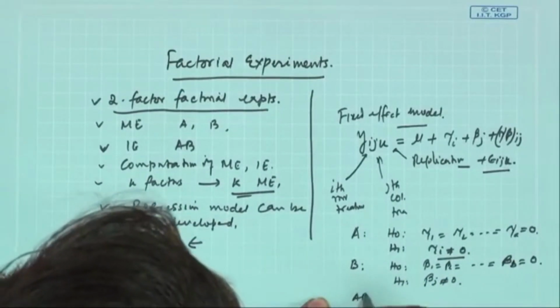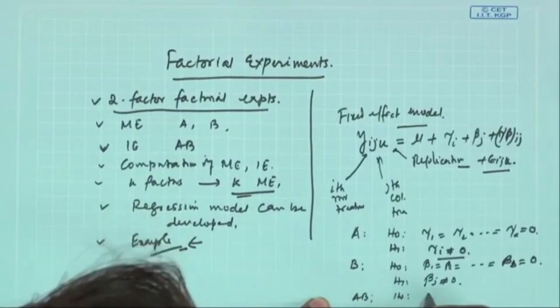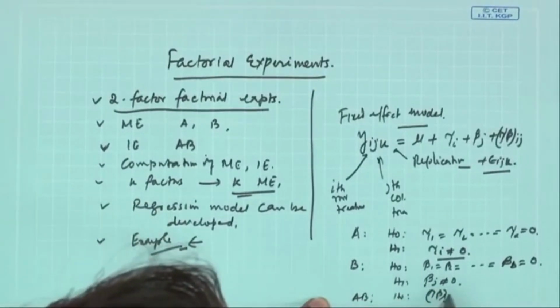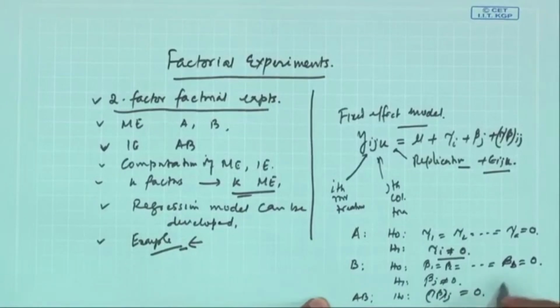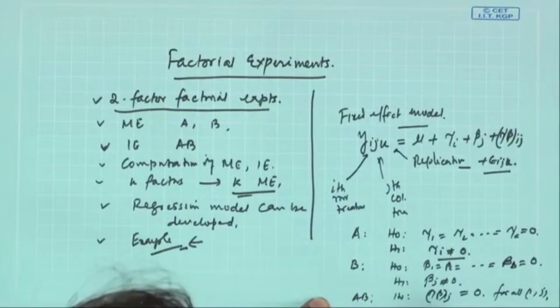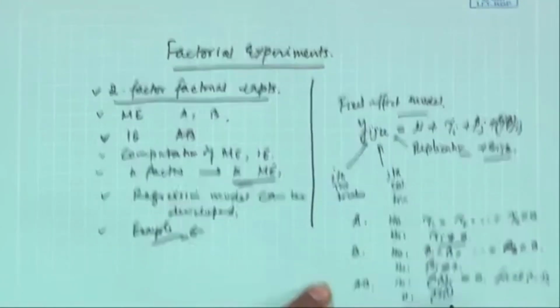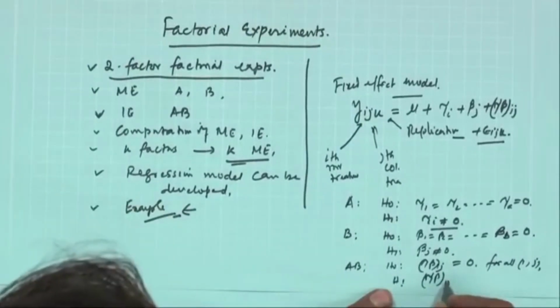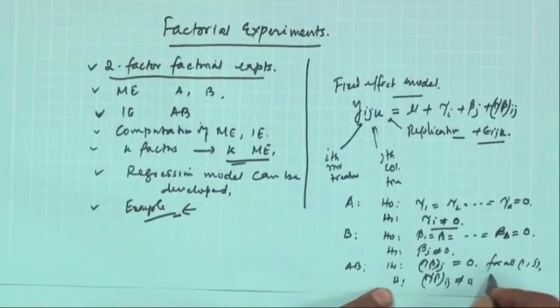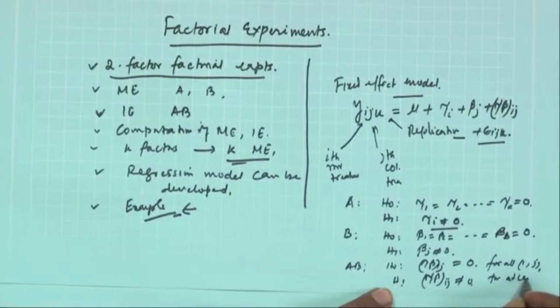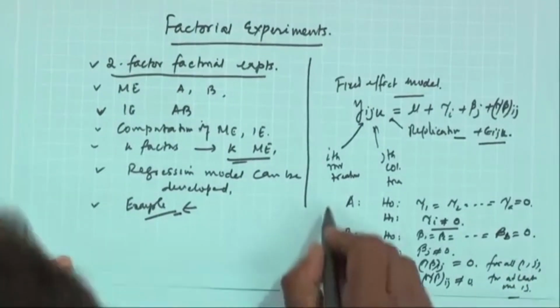For AB, H0: (tau beta)_ij equals 0 for all ij combinations, and H1: (tau beta)_ij not equal to 0 for at least one ij. That is what we saw in the last class.